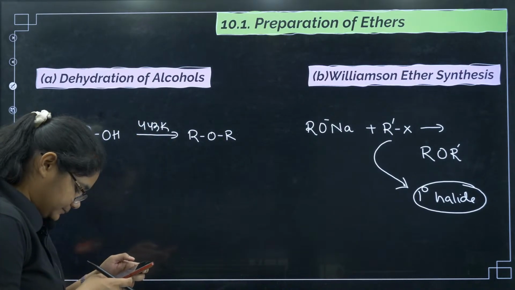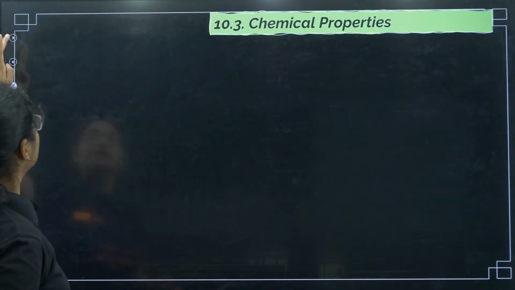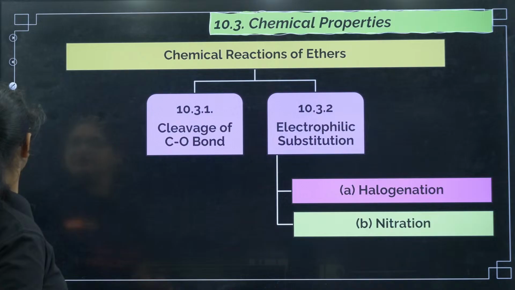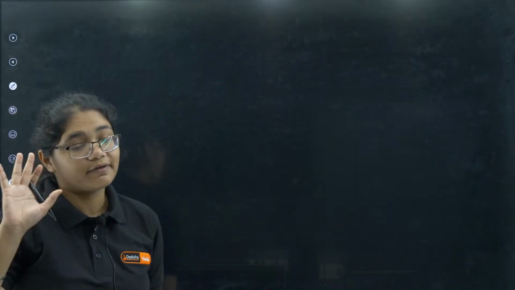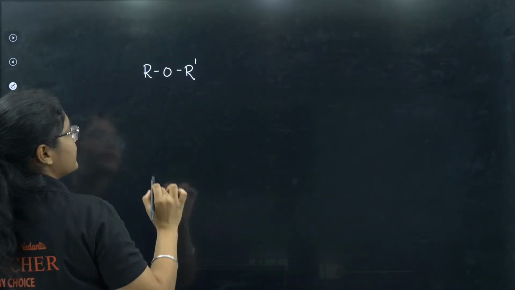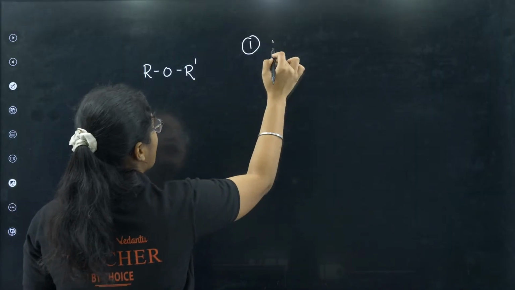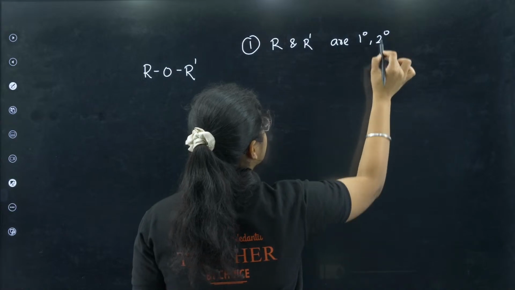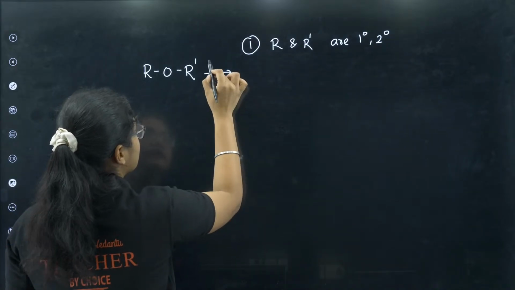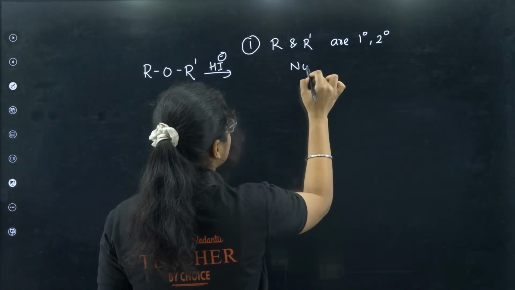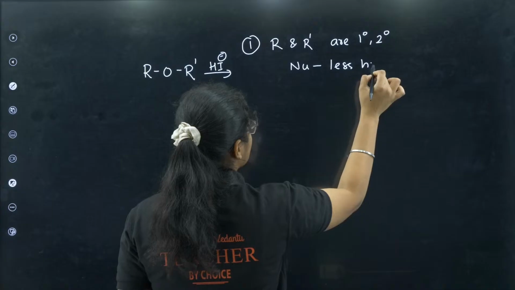Clear? Next, chemical properties of ethers. Please listen very carefully, from here questions are asked again and again. Very, very important. You have ROR'. Condition number 1: if R and R' are primary or secondary, then when you treat it with HI, the nucleophile will attack on the less hindered site.